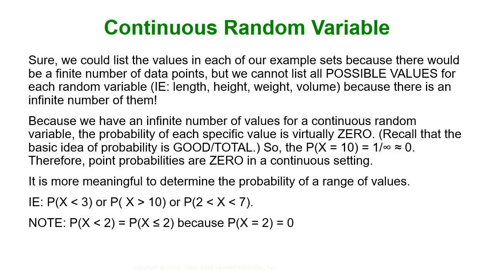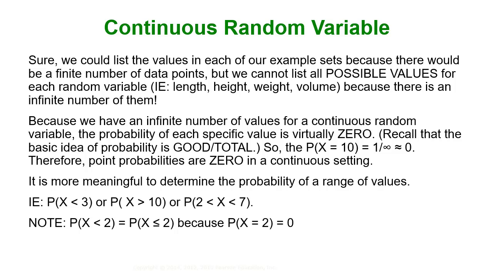So this means that what we call point probabilities, or probabilities of a specific point on our scale, are going to be 0.